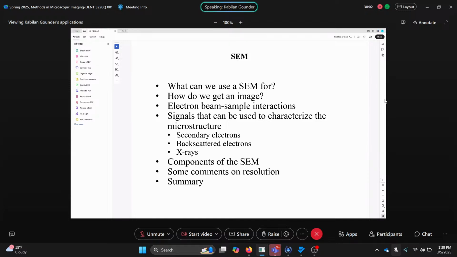That depends on when the electrons go and hit the sample and bounce back as backscattered electrons, secondary electrons, and also X-rays. If you have an appropriate receiver, then you will get all these things. Also, what are the components that are important for a scanning electron microscope. Here the resolution is very, very important.